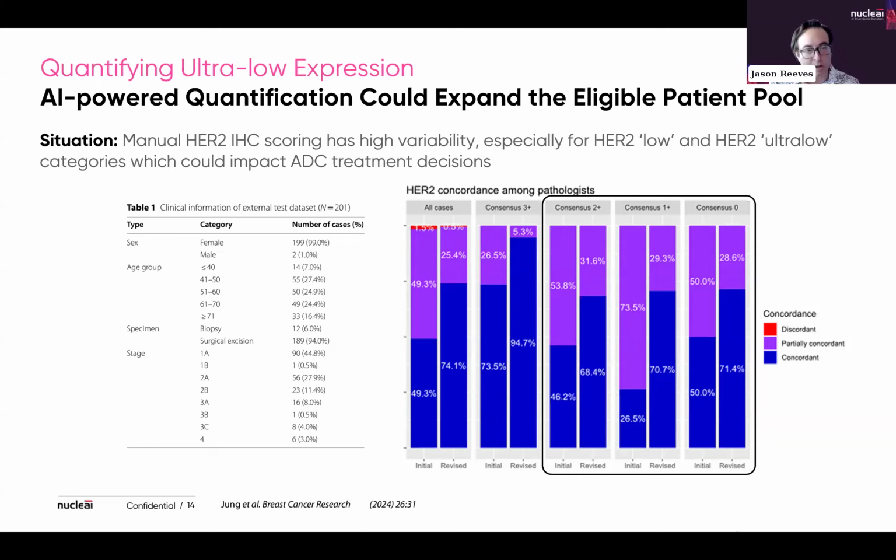If you look at interoperator variability, and this is one example of a study that's been published in this space, but there are many examples of this, pathologists are very good at scoring HER2 3+. There's very little interoperator confusion when you score this, but as you move into lower and lower values of HER2, pathologist scoring becomes more and more variable, and the impact of bringing in an AI becomes more and more beneficial because it allows for something that becomes more reproducible between pathologists.